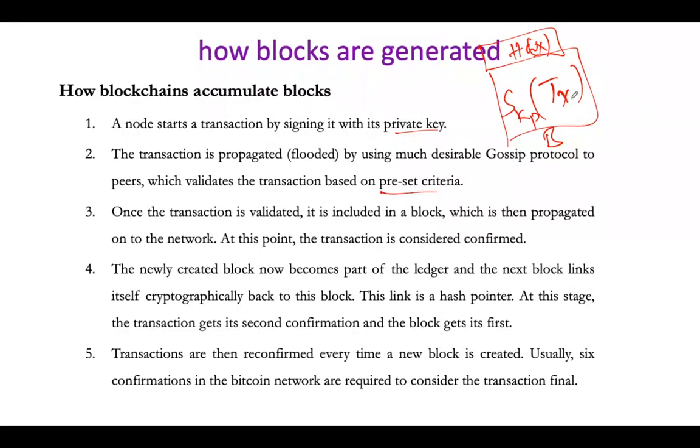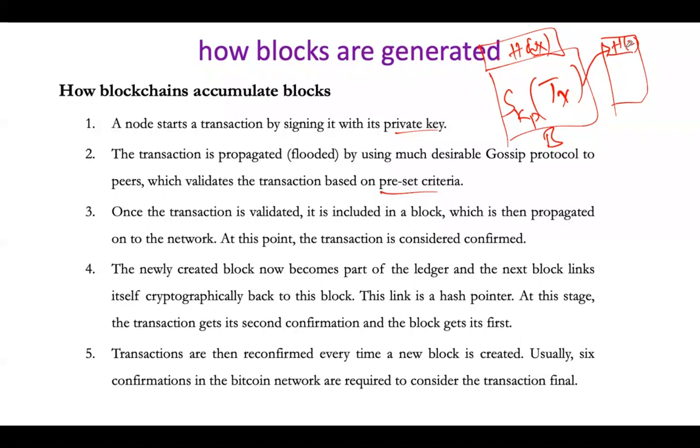Then the newly created block now will become part of the ledger, and the next block links itself cryptographically back to this block. This link is a hash pointer at this point. As said, if a new block is created, this transaction is used to create this new hash value, the hash of, suppose, the next one. The transactions are then reconfirmed every time a new block is created.